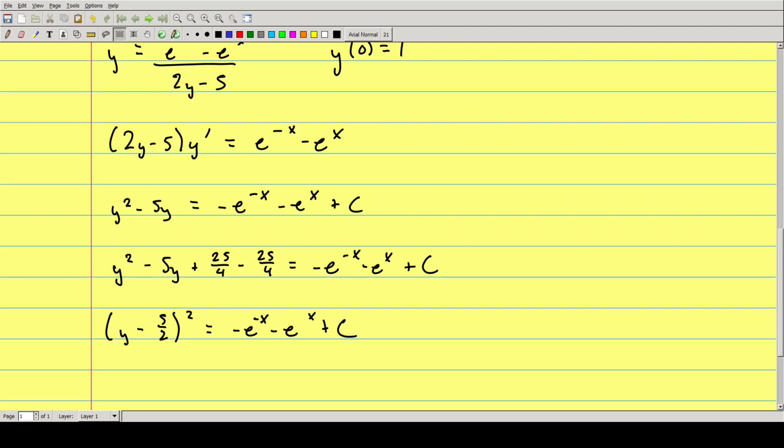The extra added term we don't have to pay very close attention to, because when we solve the initial value problem, that whole thing's going to sort itself out. I can show you a situation where it is important to track the negative 25 fourths, but I want to do the regular version of the problem first, and then we'll go back and reevaluate. Okay?